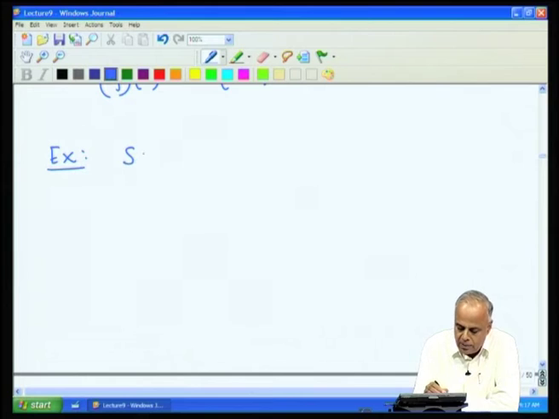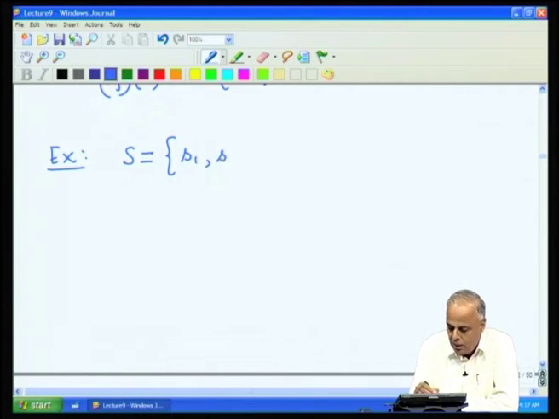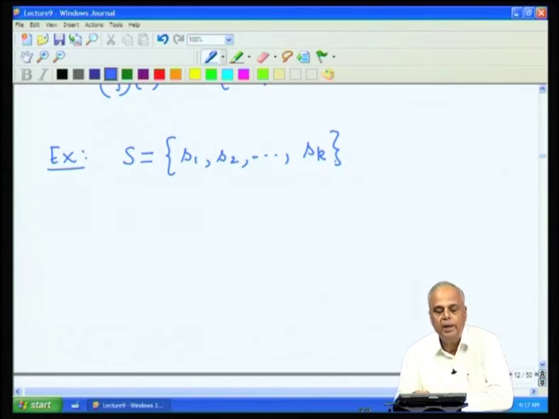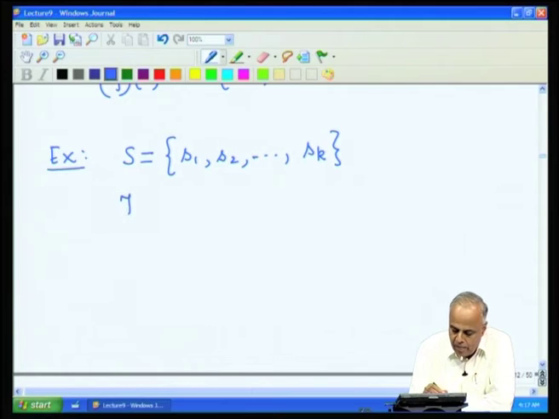Suppose I take S to be a finite set S1, S2, say Sk, and I look at F(S, R).